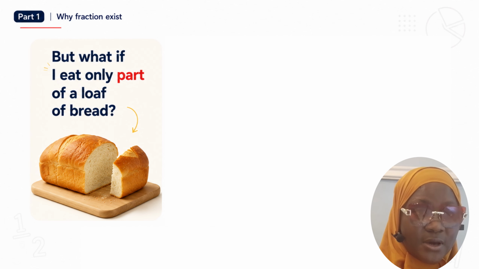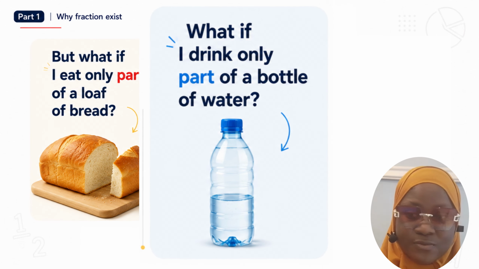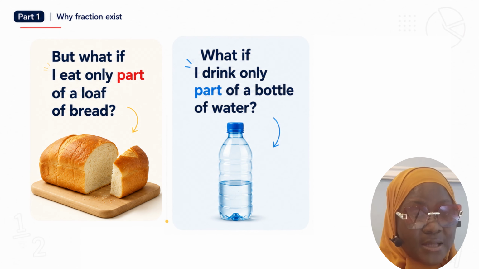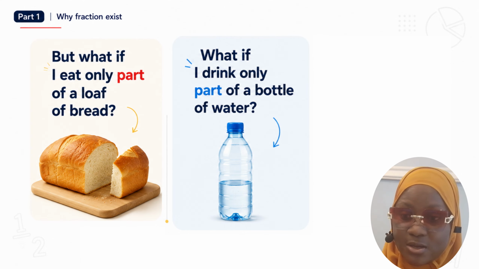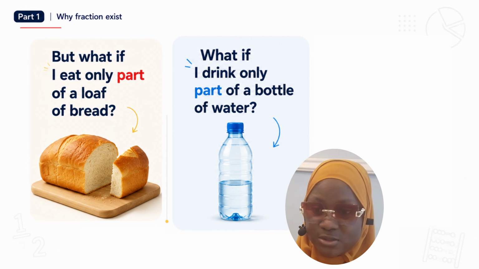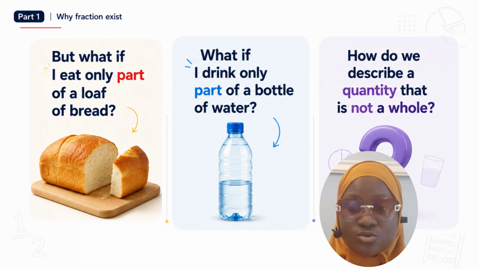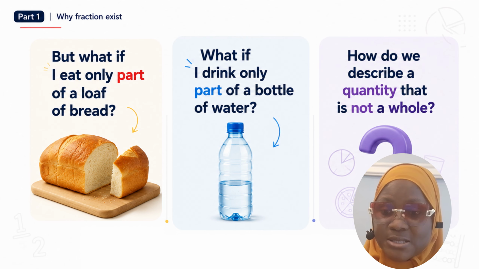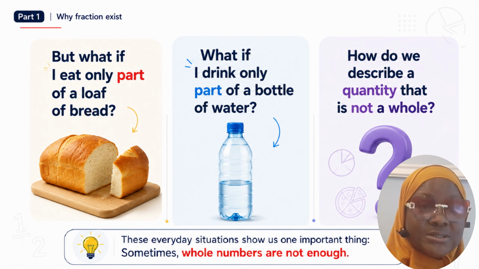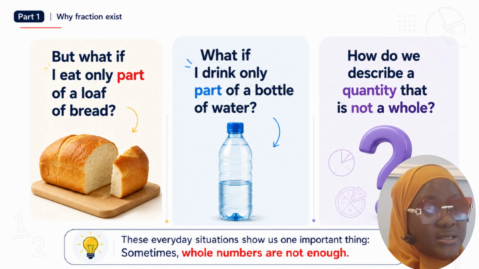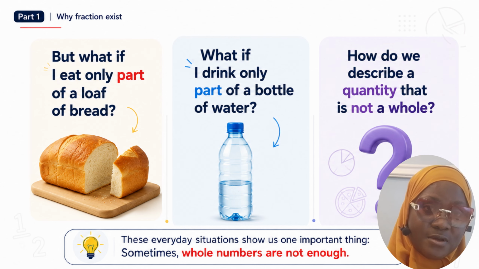How do I quantify the exact part eaten and the exact part left? What if I take part of a bottle of water? How do I quantify how much water I have drunk? This raises the question, how do we describe a part that is not a whole? And this tells us something: whole numbers are not always enough.